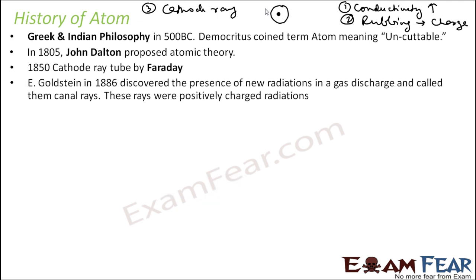Right? So in 1886, this guy Goldstein discovered the presence of a new radiation in the gas discharge, and he called them canal rays. Canal rays are positively charged radiation. So this was negatively charged, and this is positive charge.